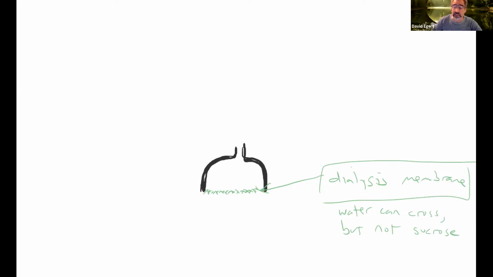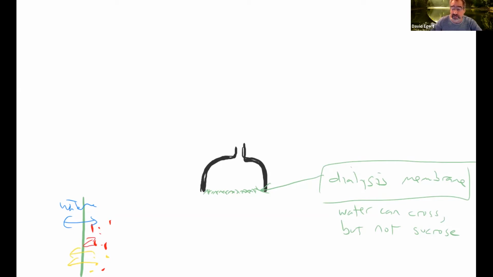We're going to talk about what dialysis is later. Dialysis is actually a kind of sister to osmosis. In osmosis, you think about solutes being trapped and which way water is moving. In dialysis, you think about a semi-permeable membrane in terms of the things that can and can't cross the membrane itself.